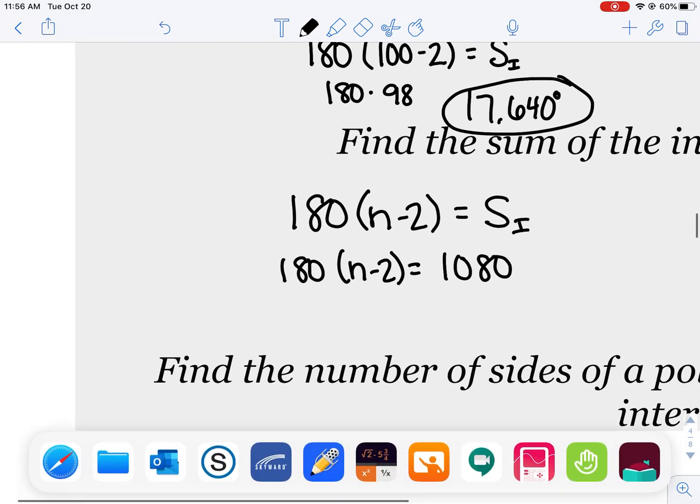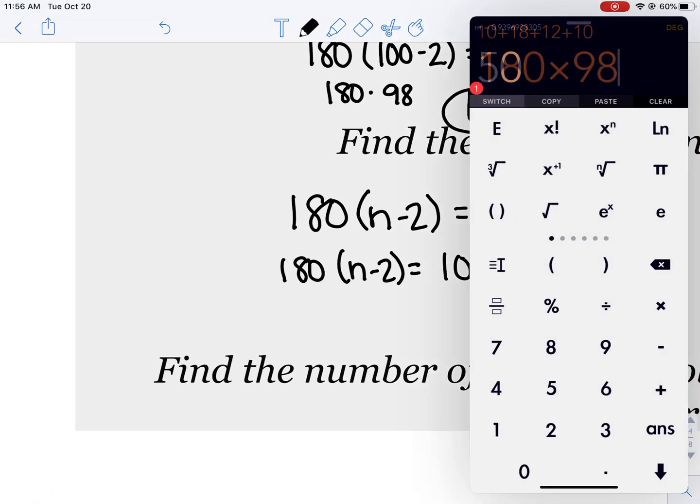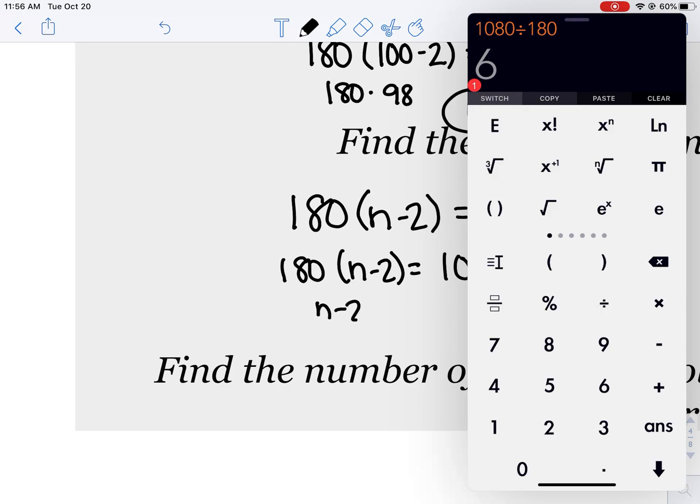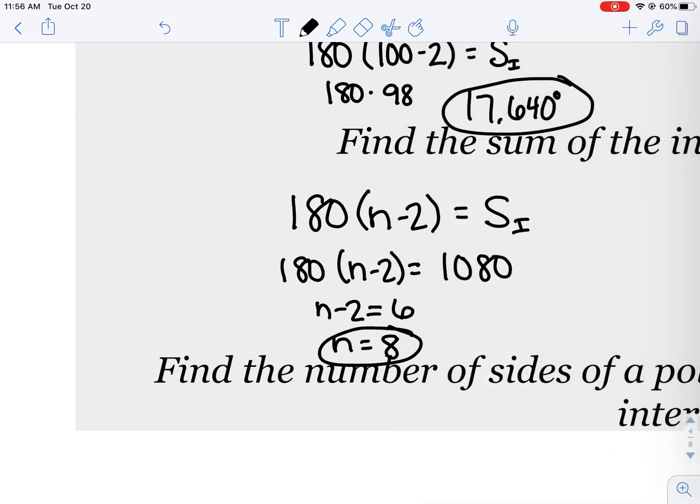So I'm going to go ahead and maybe divide by 180. And I get n minus 2 equals 6. When I add 2 to both sides, n must be 8.